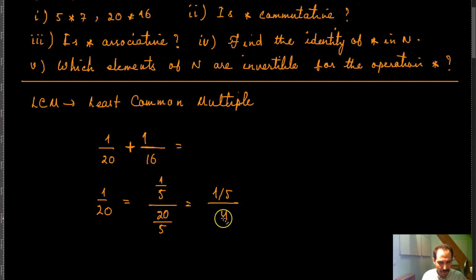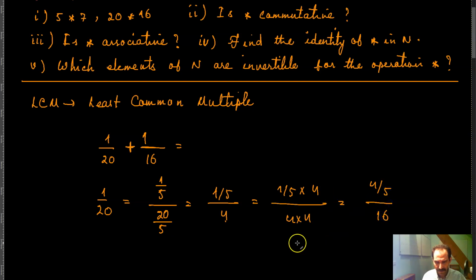Now if I multiply 4 by 4, I get 16, the same denominator as the other fraction. So I write 1/5 times 4 over 4 times 4, which gives me 4/5 over 16.